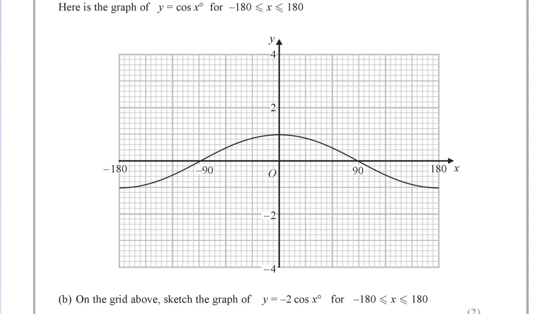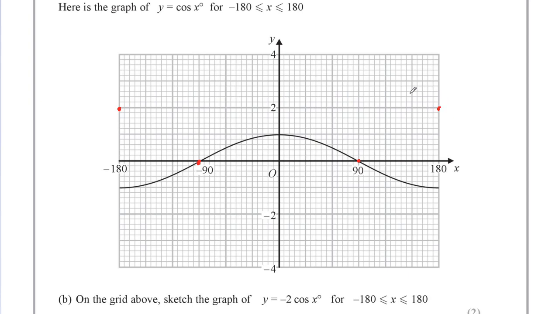Okay, zeros times minus 2 are still 0. So we can mark these 2 points, here and here. The minus 1's multiplied by minus 2 become positive 2, here and here.